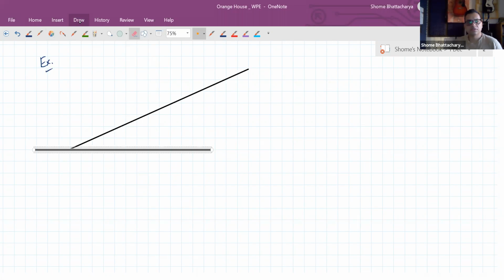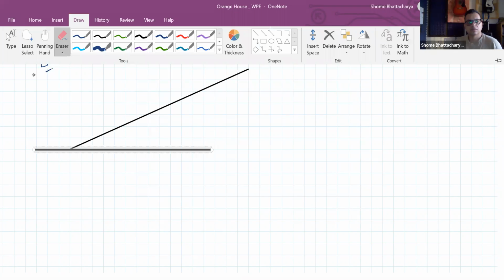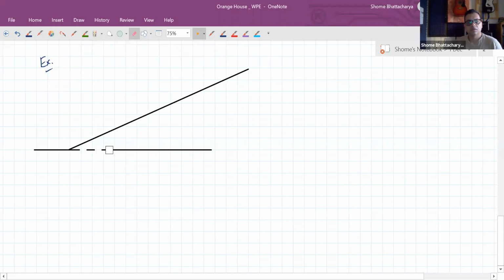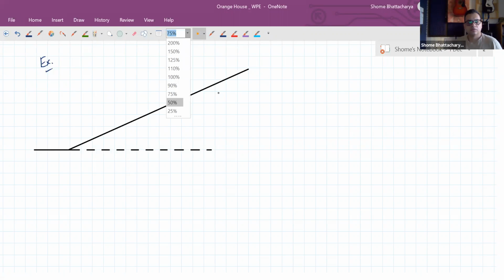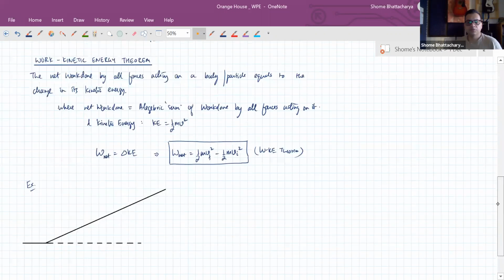So let us say we have this inclined plane. Okay, we'll come back to this. Finish writing down the previous expression.